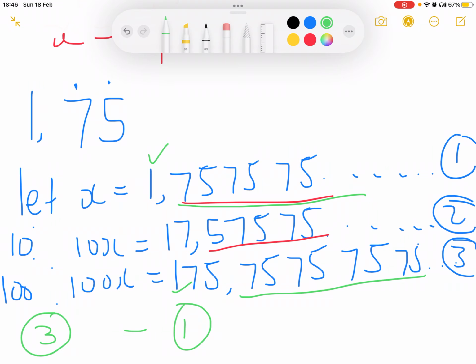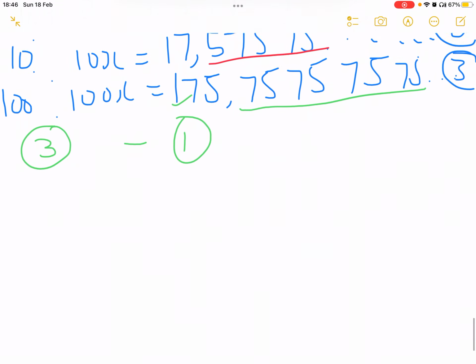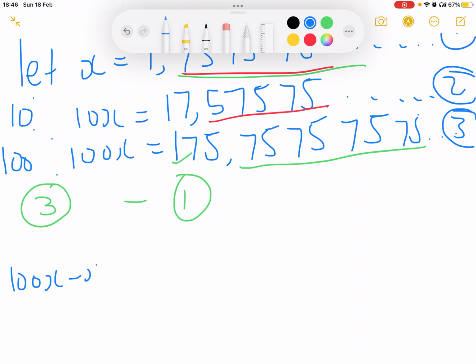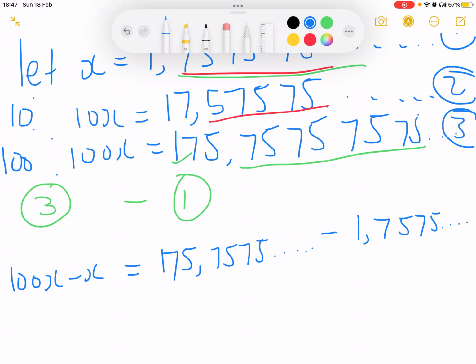Alright, let's do the subtraction. We get 100x minus x, which is equal to 175.7575 recurring minus 1.7575. And what's 100x minus x?